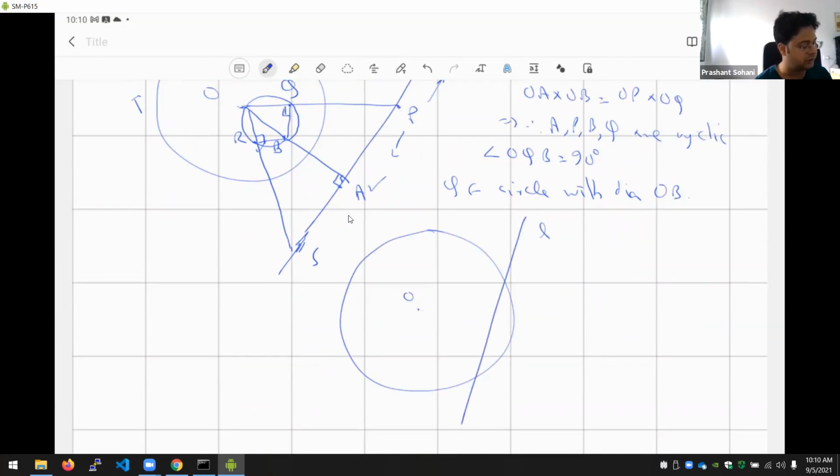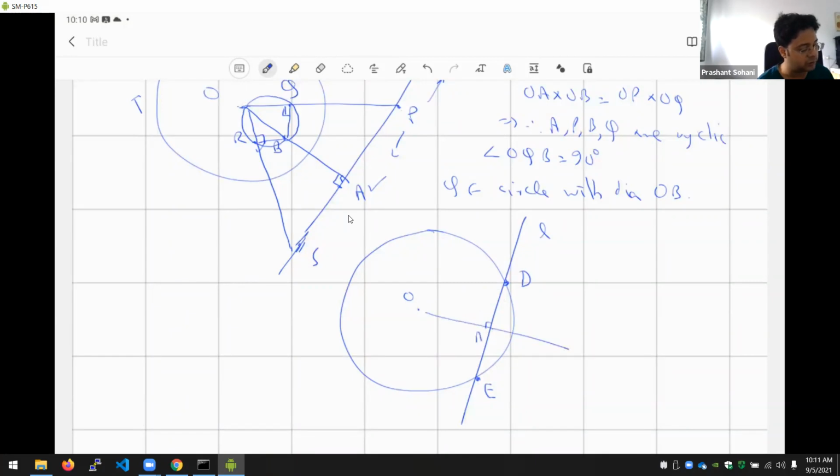Okay, so in this case, what will happen? It is still a circle. So the inverse will still be a circle, but not only will it be a circle, these 2 points where our line is intersecting the main circle, these are self inverses. So in this case, the inverse image of this line will pass through the points D and E also. So in this case, what will the diagram look like?